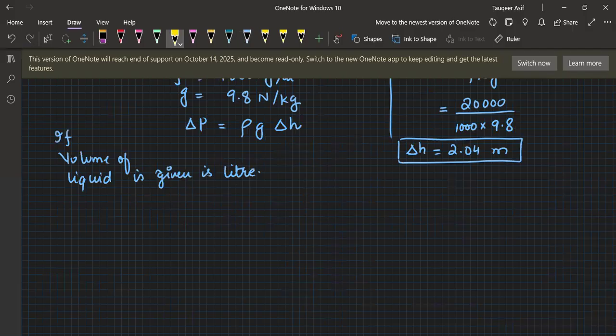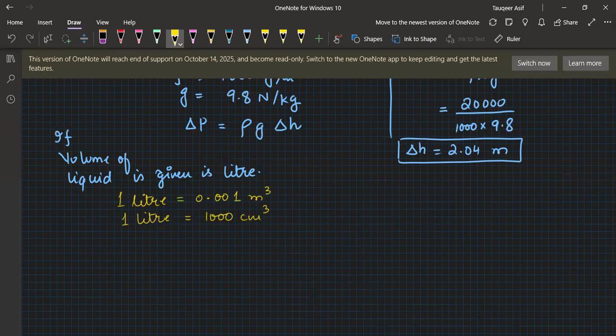So 1 liter equals 0.001 meter cube. In centimeter cube, it's going to be 1,000 centimeter cube.